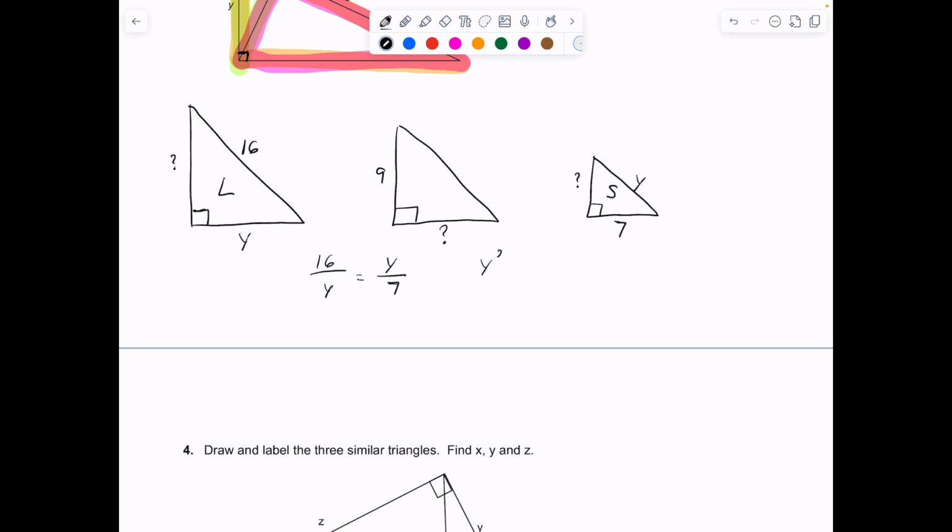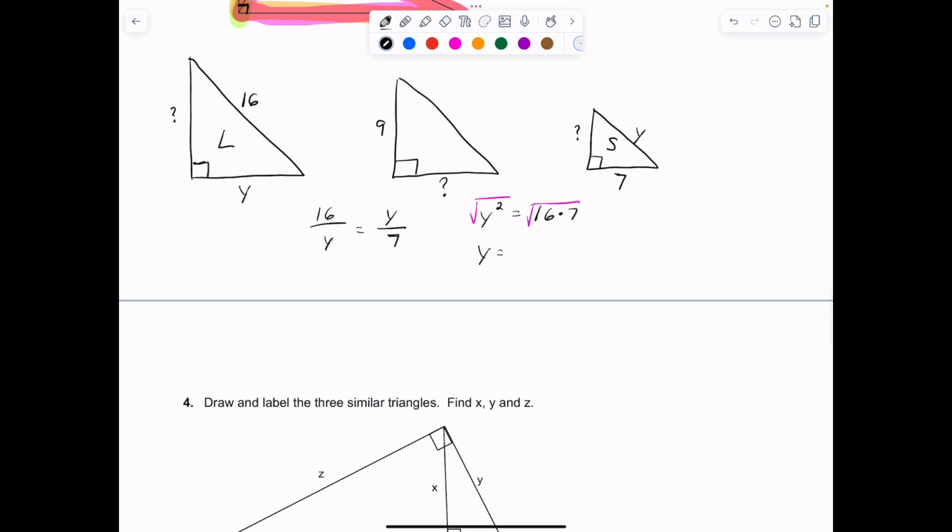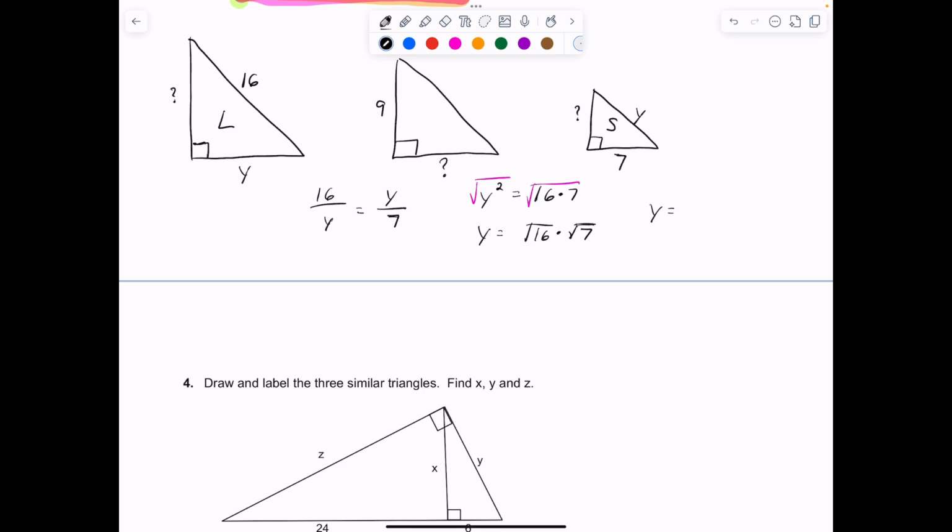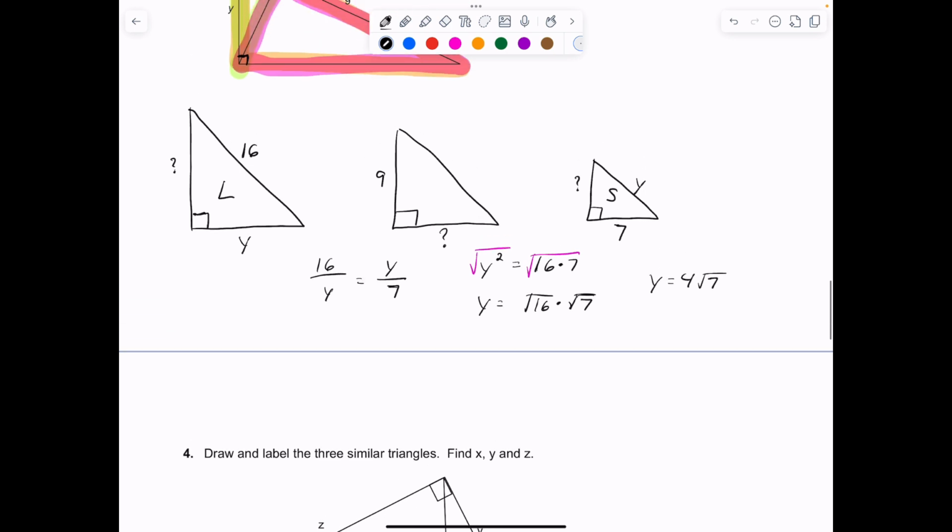So that would be y squared equals 16 times 7. And then to get y by itself, I'm going to take the square root of both sides. So y equals the square root of 16 times the square root of 7. We actually know the square root of 16. That's 4, and 7 is a prime number, so I can't do anything with that. So y is going to be equal to 4 root 7.